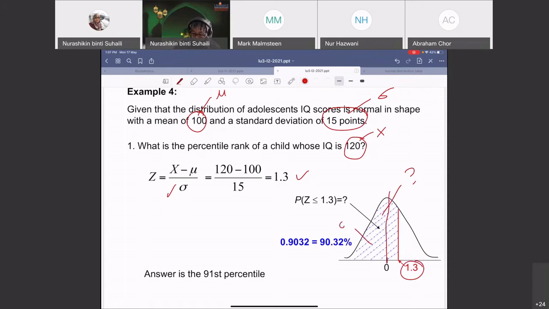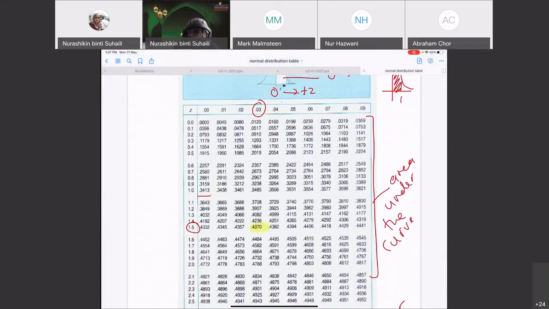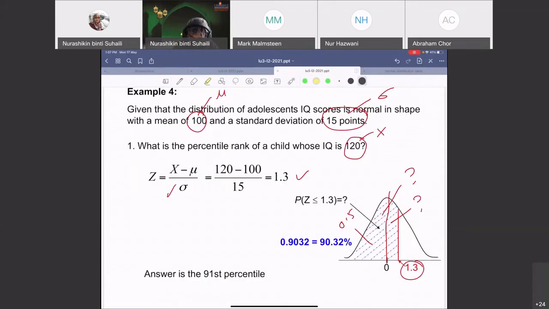You know that this is 0.5, isn't it? Then you just have to refer to the table. For z equal to 1.3, what is this area? From the table it is 0.4032.